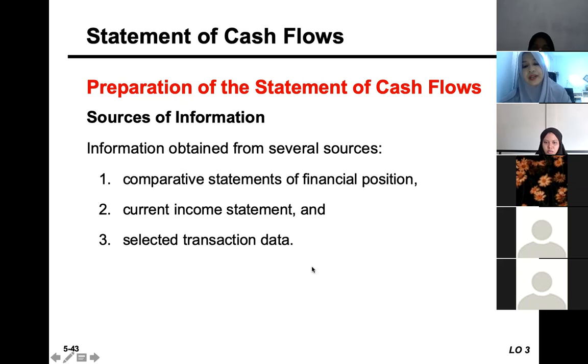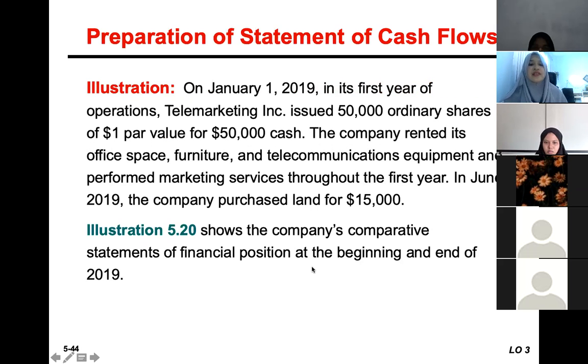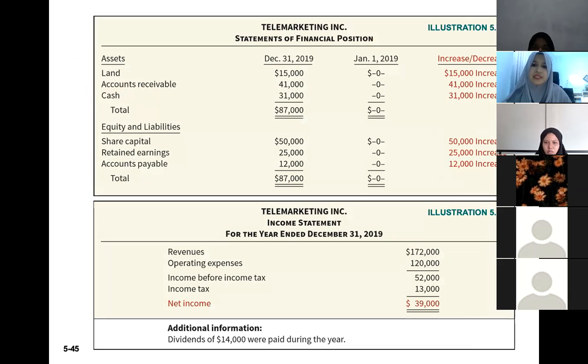Then we compare the statement of financial position, whether there is an increase or decrease in the current assets. For example, in this exercise, the account receivable at the beginning of the year is 0, and at the end of the year it is 41,000, meaning there is an increase in account receivable.